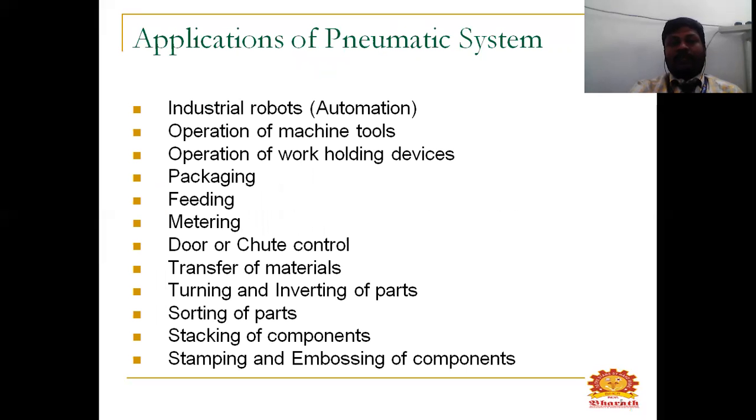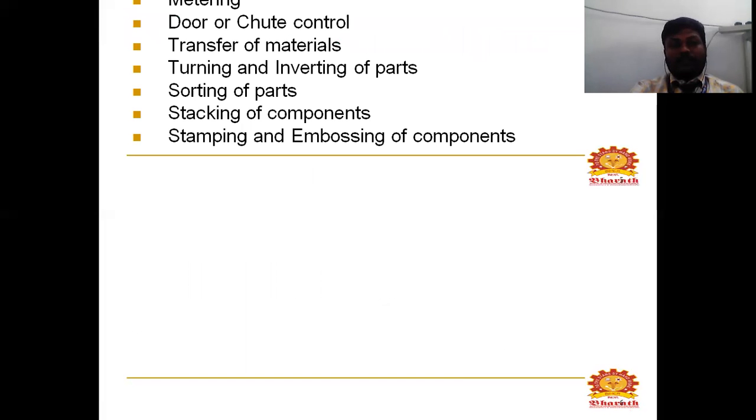Applications of pneumatic systems include industrial robotics or automation, operation of machine tools, work handling or work holding devices, packaging, feeding, metering, dosing controls, transfer of materials, turning and inverting of parts, sorting of parts, shearing of components, stamping, and other things.